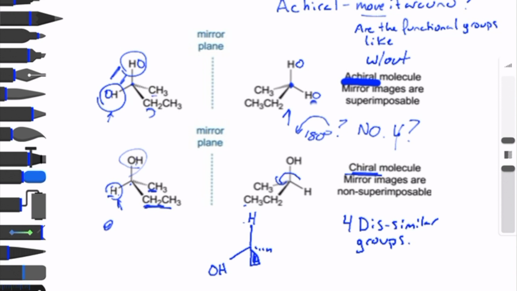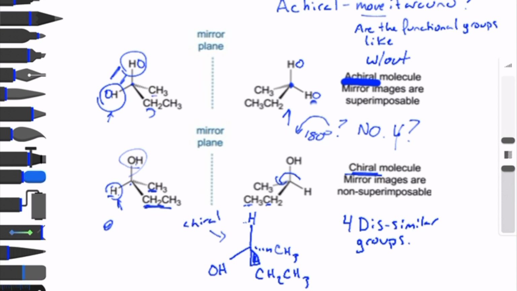And then our CH3 and CH2, 2-carbon group will still be in front. So CH2 and then CH3. And then our CH3 monomer group will be in the back. So those carbons are good now. But what's wrong is our neutral plane with the hydrogen and the alcohol. Okay? So that's why this is still chiral.